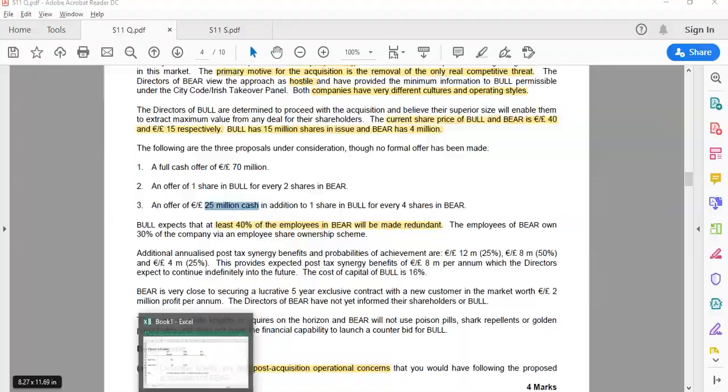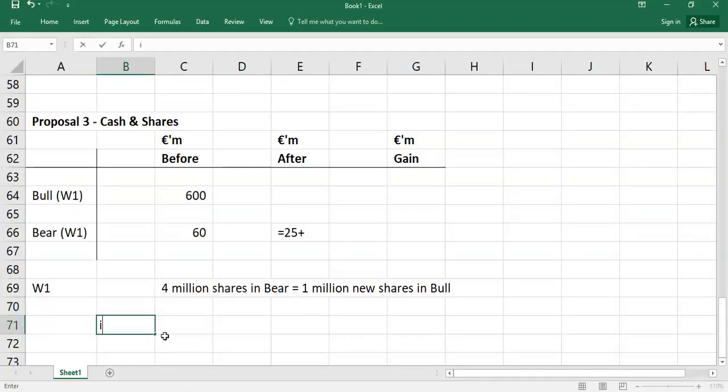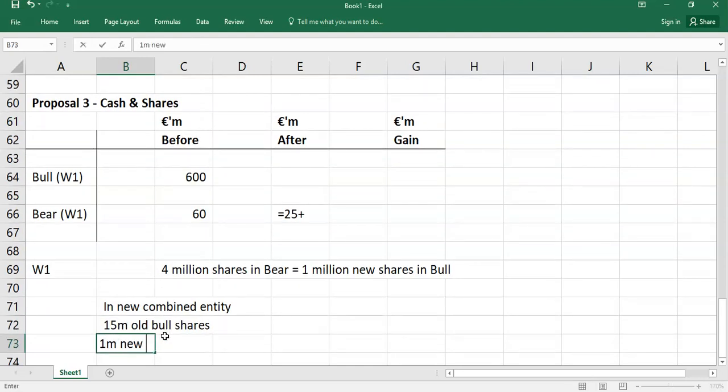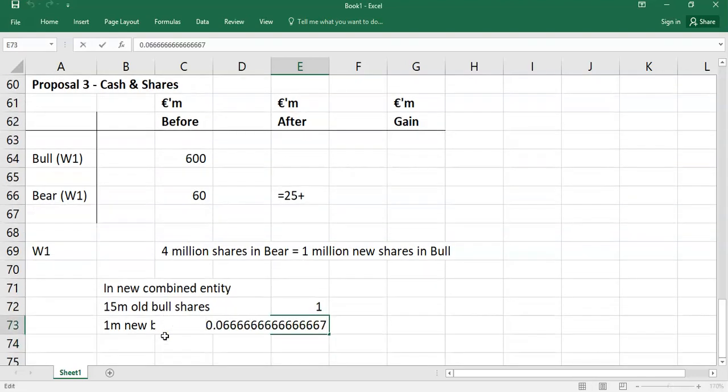So that means in the new combined entity, you will have 15 million old Bull shares and 1 million new Bull shares. So the old shareholders are going to own 15/16, and the new Bear shareholders are going to own 1/16.